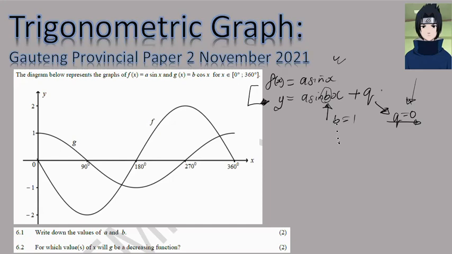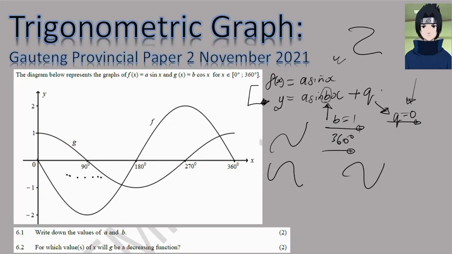Now, in this situation, it means in a 360 degree interval, you are going to get one full wave. And what type of graph is this? It's a sine graph, and you know a sine graph has an S shape, whether it's this way or this way.